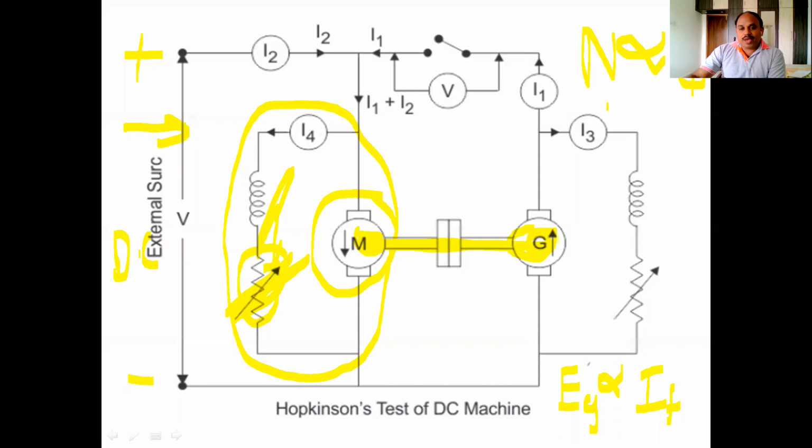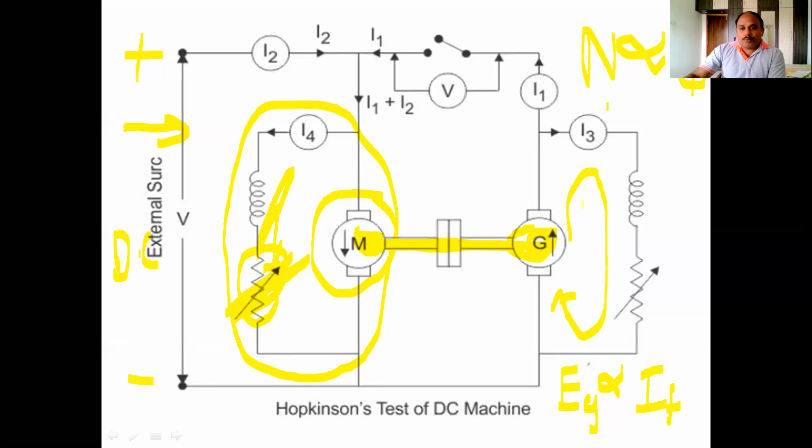That small residual voltage circulates current in this loop. That current further increases the generated EMF, so in a cumulative manner, the voltage will build up.